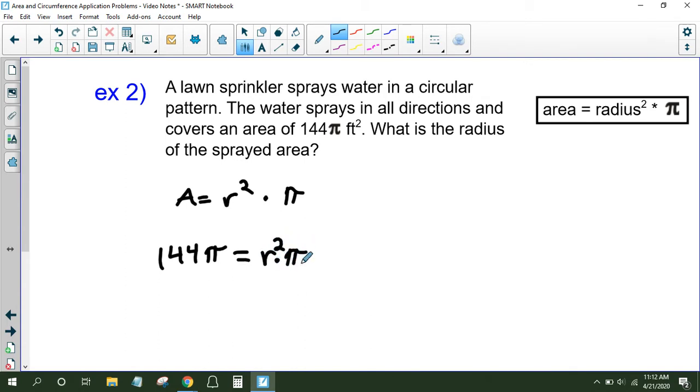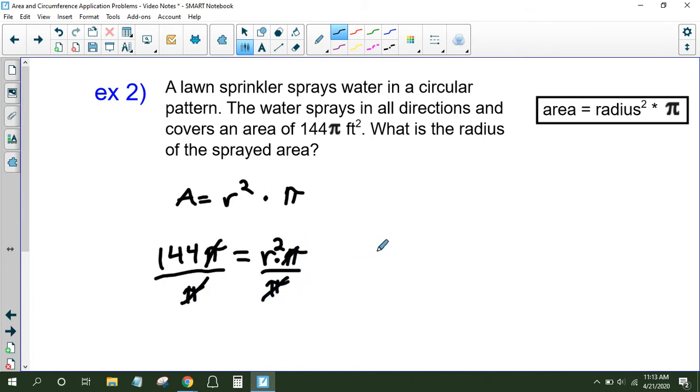We're trying to solve for the radius, so now we're just doing some algebra from Algebra 1. We have this symbol, pi, on both sides of the equal sign, so we can divide both sides of the equation by pi. That makes these cancel out.